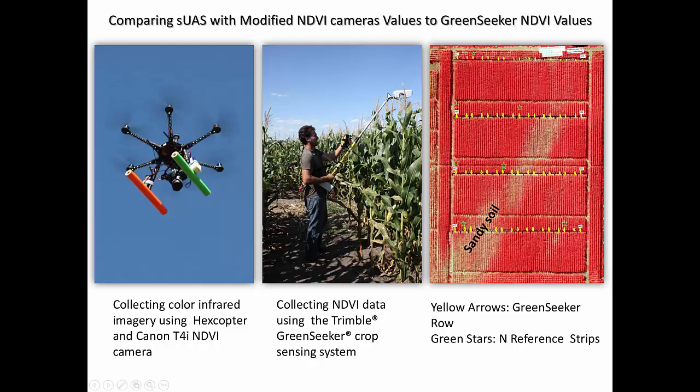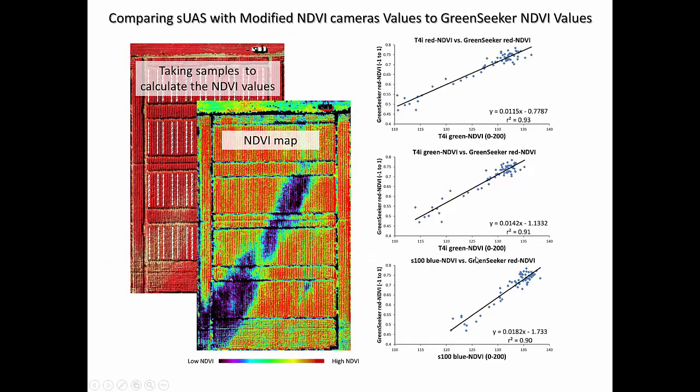Could we compare on-the-ground sensors to drone captured imagery? And then here's the imagery, and the comparison between NDVI captured by the drone to the NDVI captured with the Green Seeker sensor, and it's very, very comparable between the two of how it's calculated.